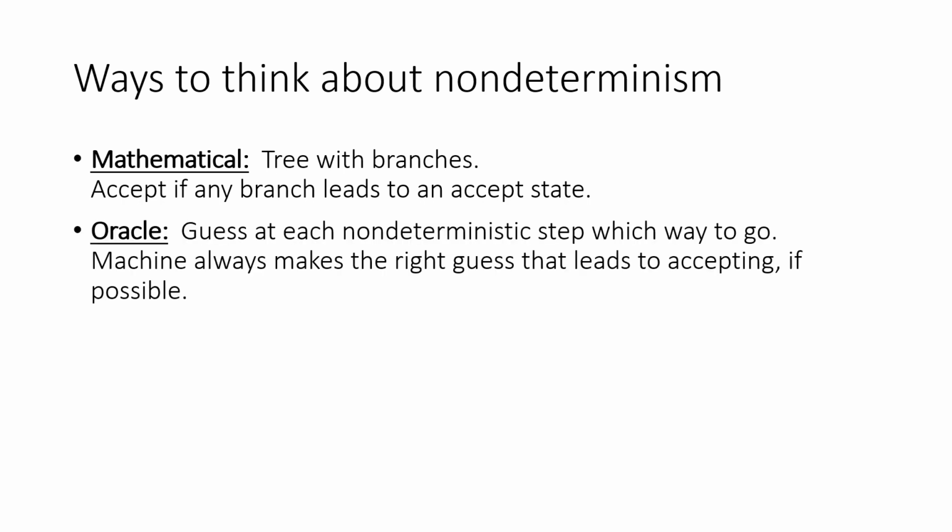Another way is a little bit magical: at each step you guess which way to go. The machine is always going to make the right guess that leads to accepting if possible. And that's sort of what you do naturally if you're looking at a pretty small diagram, because it's easy to see what those guesses are.